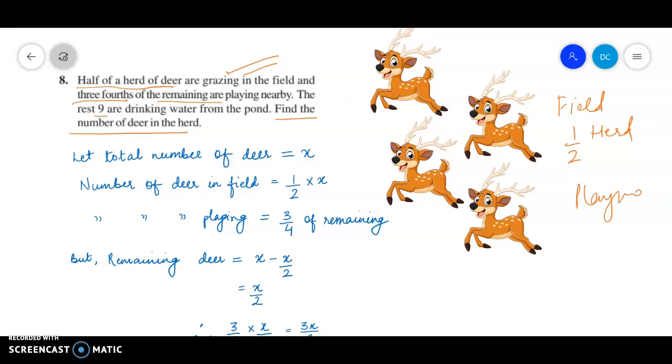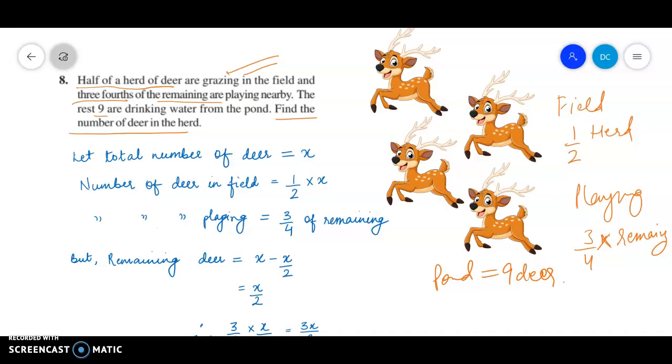So playing deer were 3/4 of, which means multiply, the remaining deer, right? So the rest, 9, are drinking water in the pond. Near the pond 9 deer are drinking water. Now what is the total number of deer?